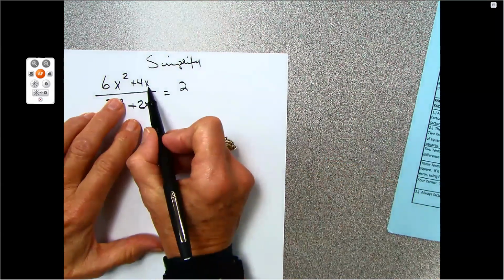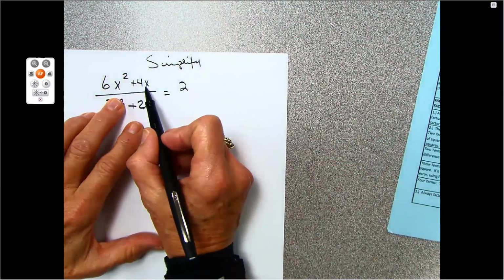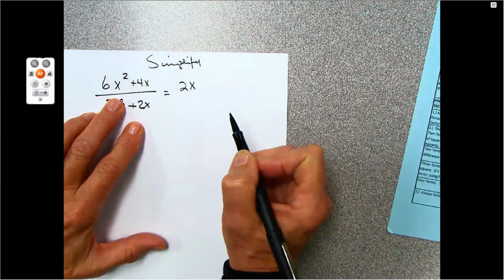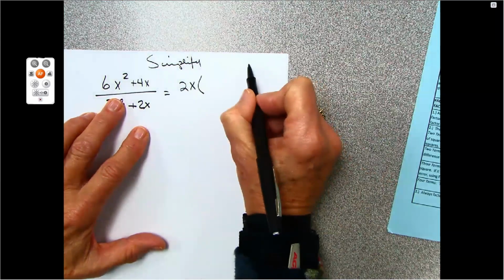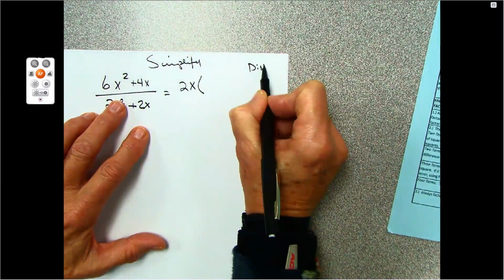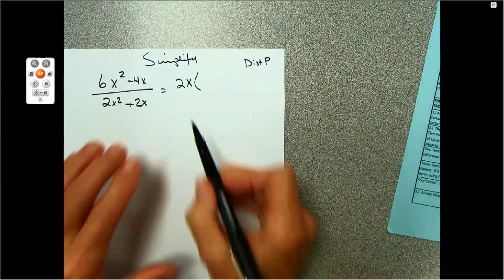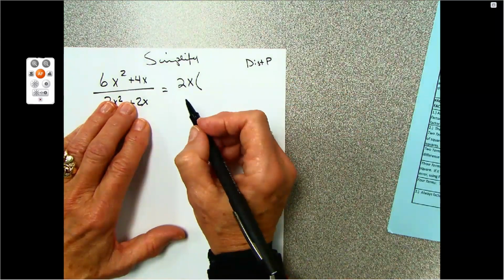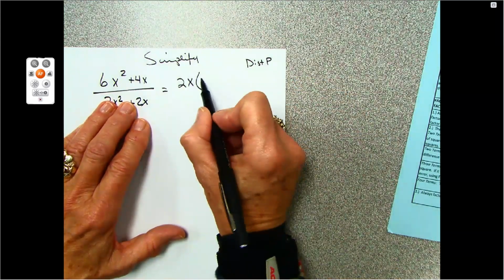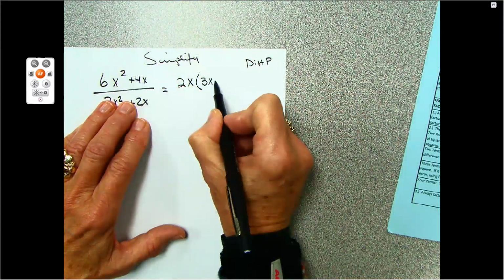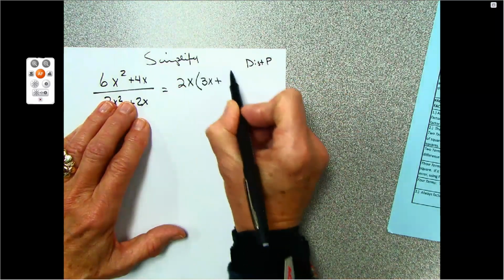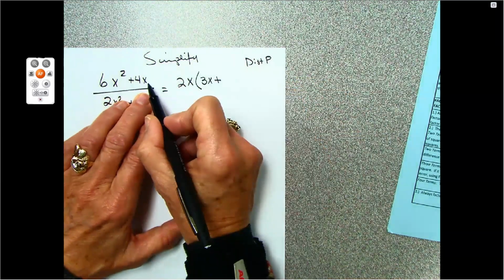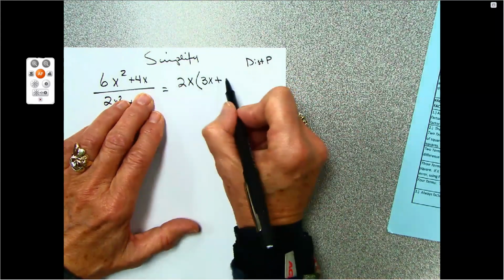But there's a factor of x in both terms also, right? I'm going to factor out 2x. And then use the distributive property in reverse. 2x times what will give me 6x squared? 3x. Pick up your sign. And distribute 2x times what will give you 4x? 2.